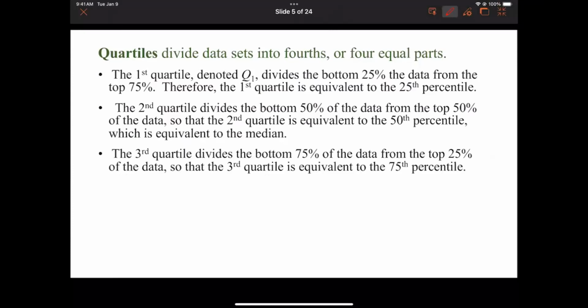Third quartile. Third quartile is at the 75% mark, and it separates the bottom 75% from the top 25%. So you'll have 25% above the third quartile. Then you have 25% in between the median and the third quartile, 25% between Q1 and the median, and then 25% below Q1.